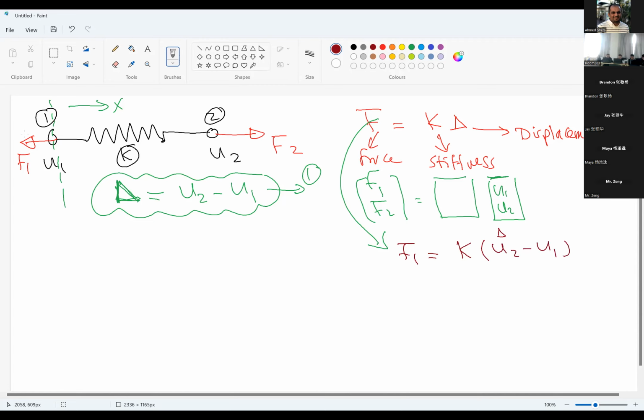But the force F1 goes to the left, so we give it a negative sign.